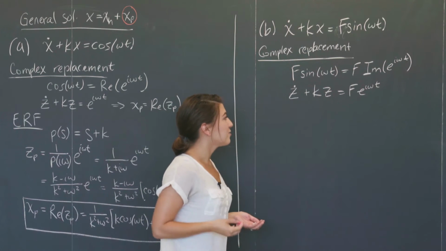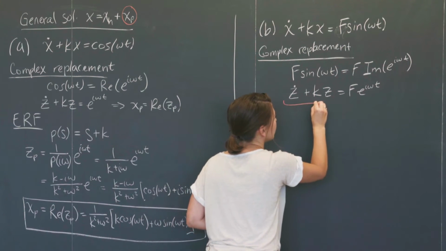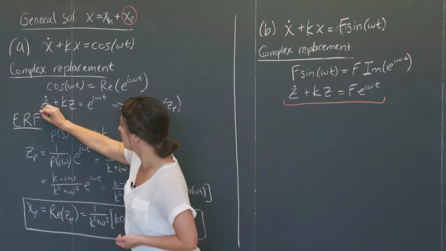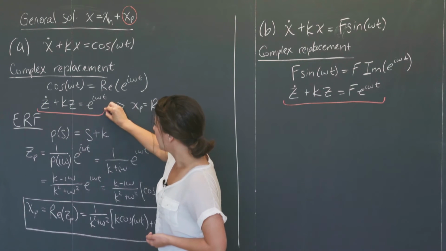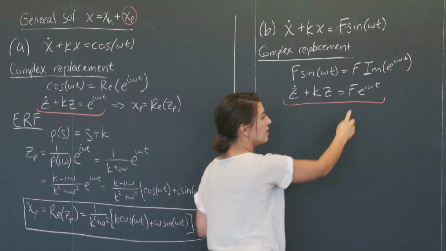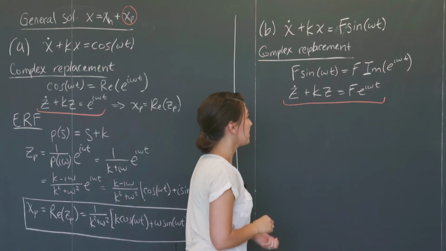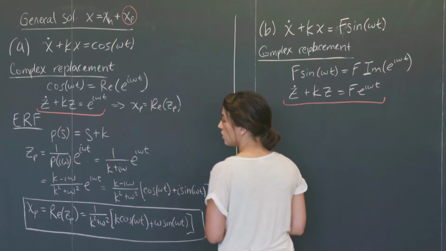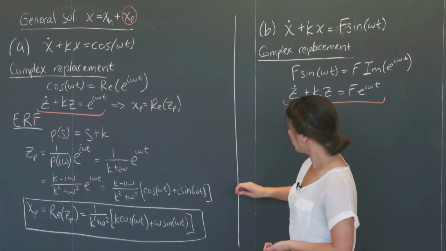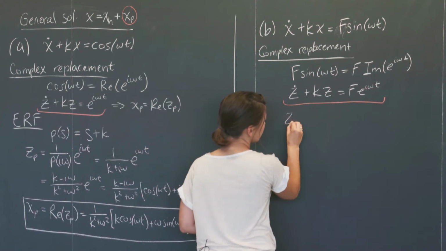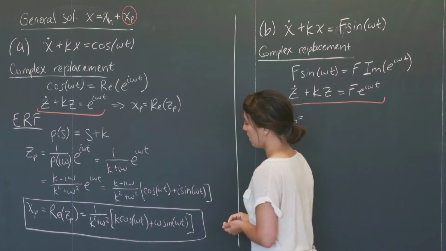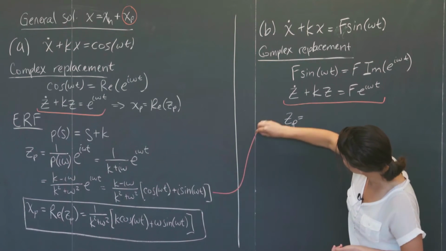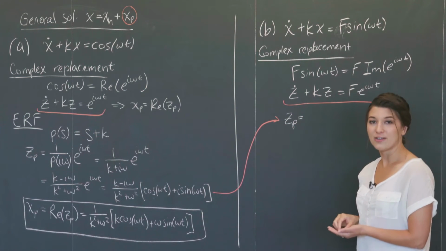But we already solved this problem. This ODE for z is the same as the previous one, except that we're multiplying the right-hand side by the constant f. And by linearity, this f would just carry through all of our calculations. So we can write down our particular solution, z sub p, by writing down our particular solution from part A multiplied by the constant f.